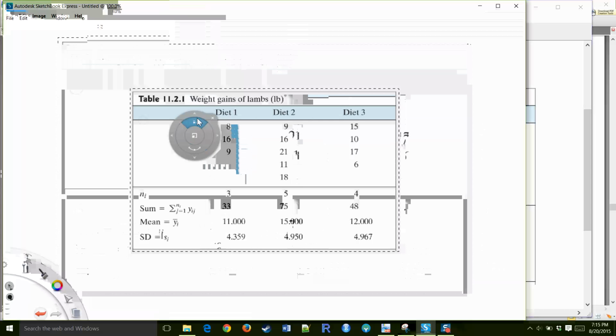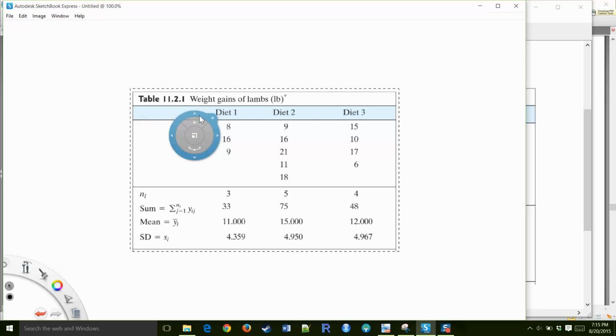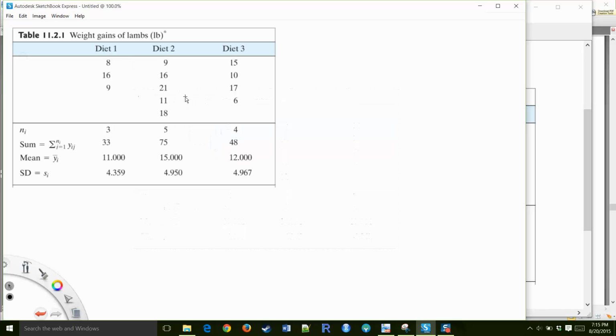Under diet 2 and diet 3, this is how much the different lambs gained weight. The summary statistics are also provided: the n, the average or y bar for each diet, and the standard deviation of each diet, as well as the sum. That's just to show that to get 11 you do 33 divided by 3.